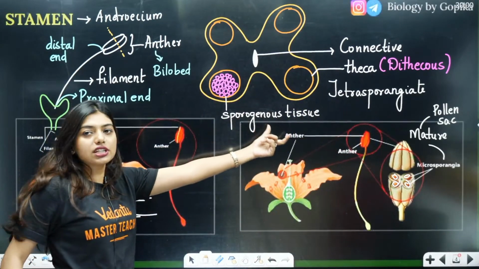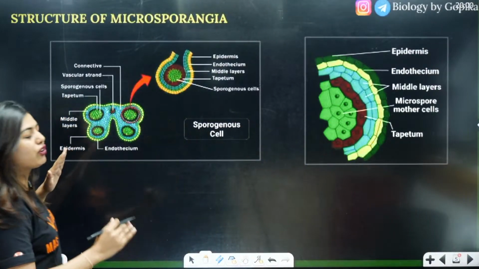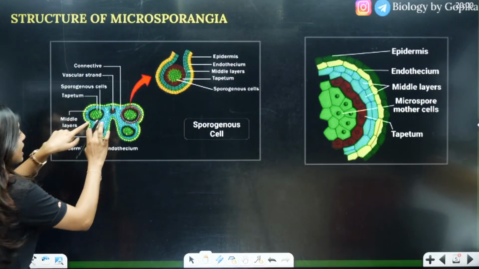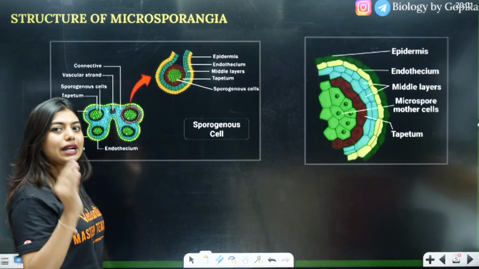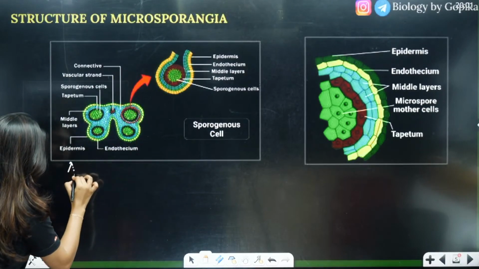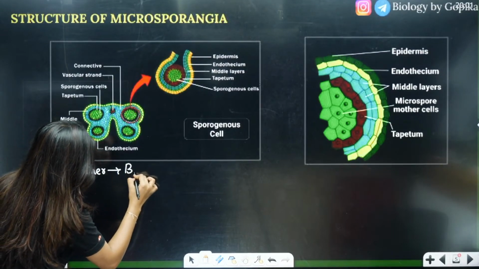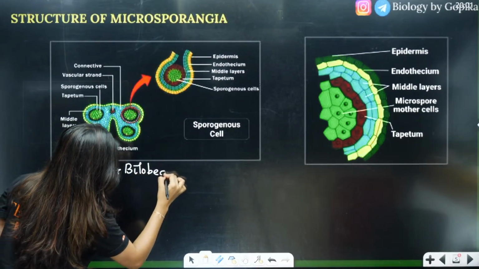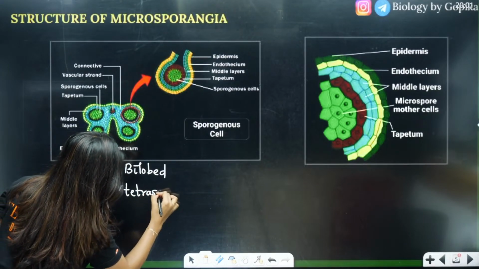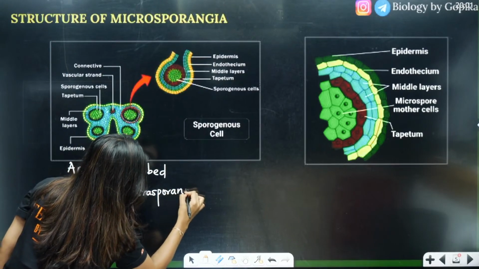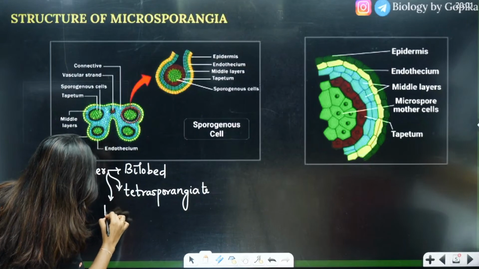So, sporogenous tissue is clear. Now we will go to Monica's doubt, but before that we have some more layers to study. Students, this is what I drew, and in that we drew the theca. So we know a few things about the anther: it is bilobed, it is tetrasporangiate, and it is dithecous.